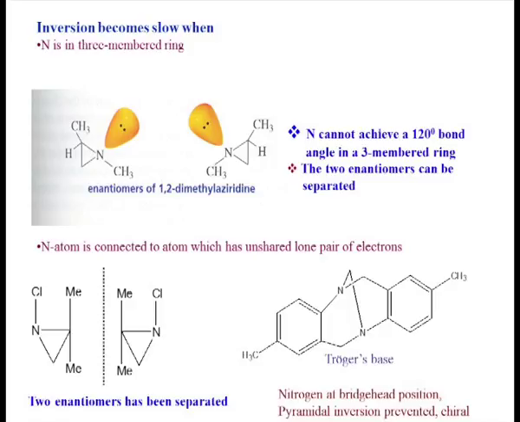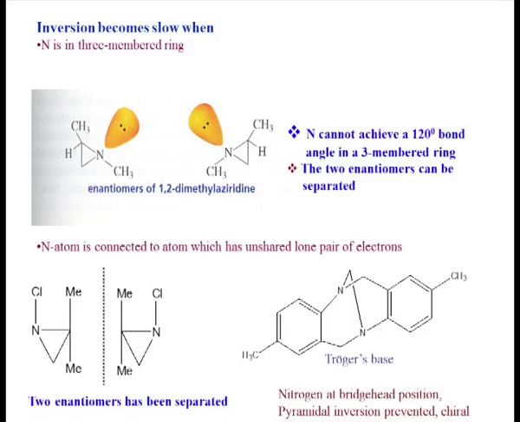So, all 4 different groups are there, the fourth one being the lone pair of electrons. This is the mirror image of that, and this mirror image is not superposable on that. So, this is also a pair of enantiomers which could be obtained, separated, and used for purposes. So, one trick is making a small ring, then the nitrogen inversion can be stopped.